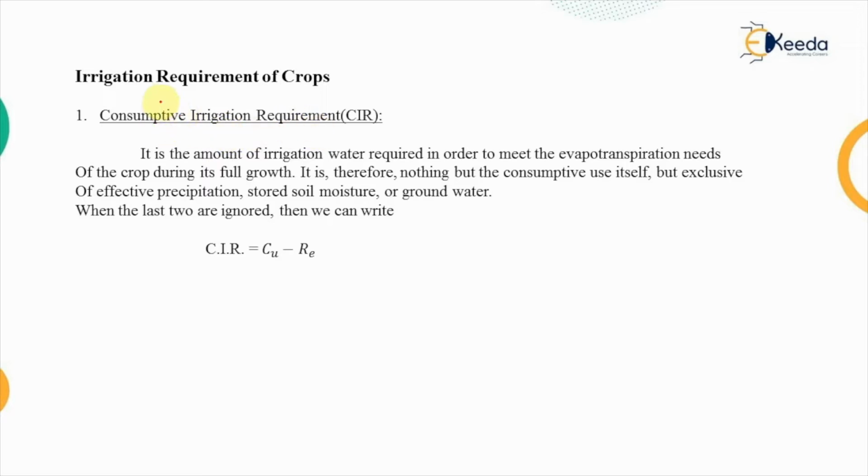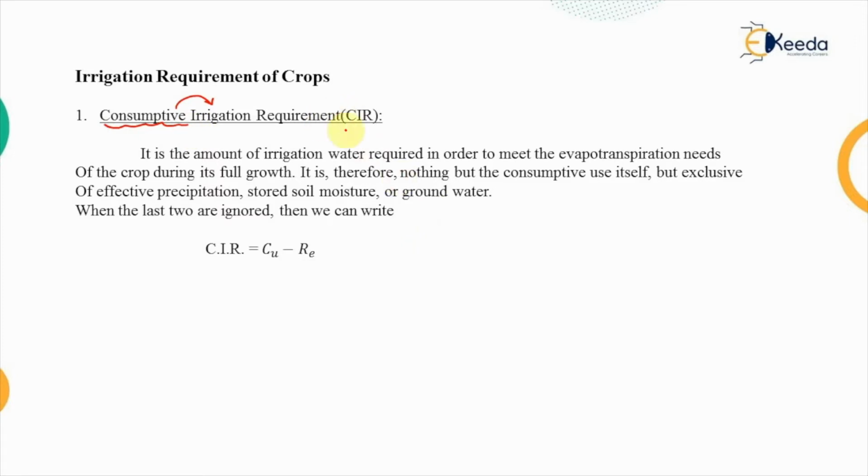Now, what is this consumptive water that is provided with the help of irrigation? First of all, we'll recall that. This consumptive water is the amount of water which is required by the plant for its complete growth, and that is calculated in terms of the evaporation and the transpiration processes, and combinedly we call them the evapotranspiration requirement.